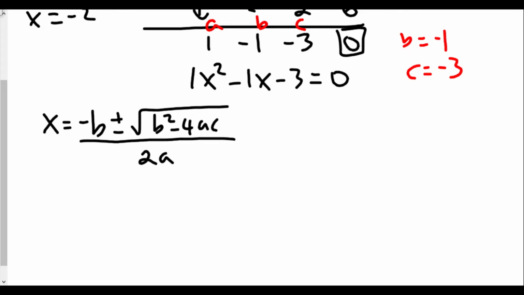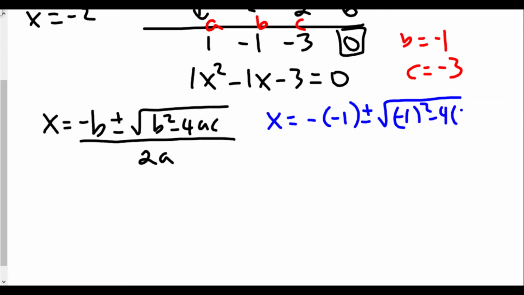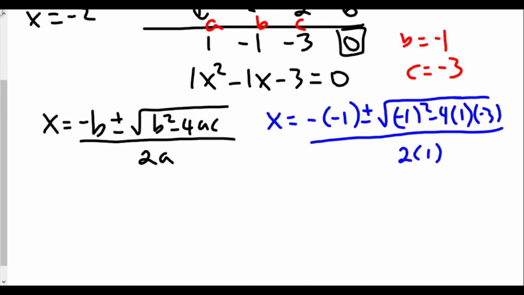Now let's plug in. x is equal to the negative of negative 1, plus or minus the square root of negative 1 squared minus 4 times 1 times negative 3, all over 2 times 1. Negative 1 squared is 1, minus 4 times 1 times negative 3, which is negative 12.